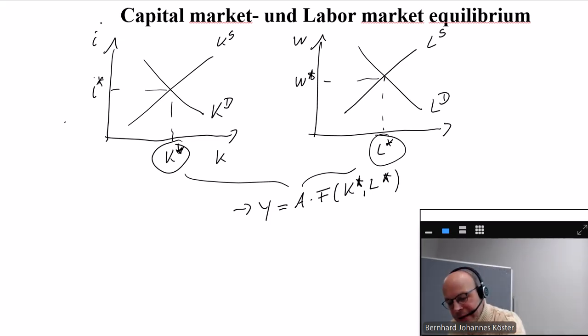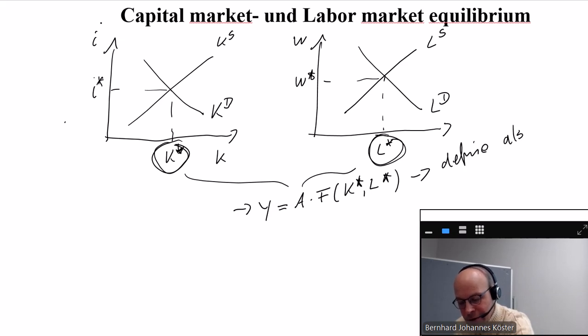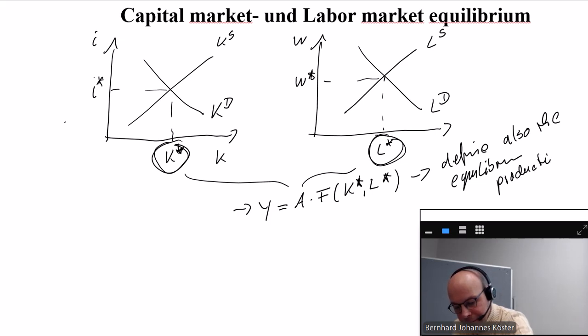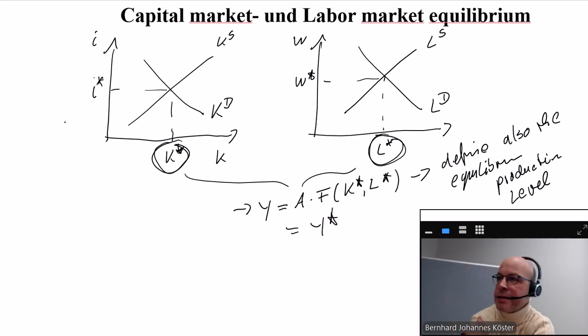This means that these two levels also define the equilibrium production level. And this we then call Y star.